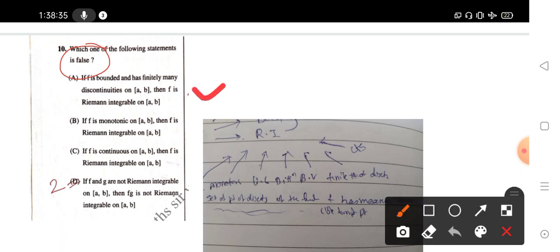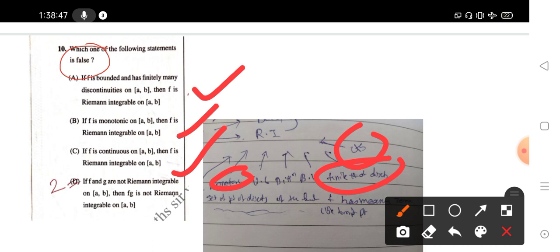This is correct. If f is monotonic, this is also correct. And if f is continuous, then f is Riemann integrable. And the next one: if f and g are not Riemann integrable on [a, b], then fg may or may not be integrable on [a, b]. Therefore, this is a false statement.